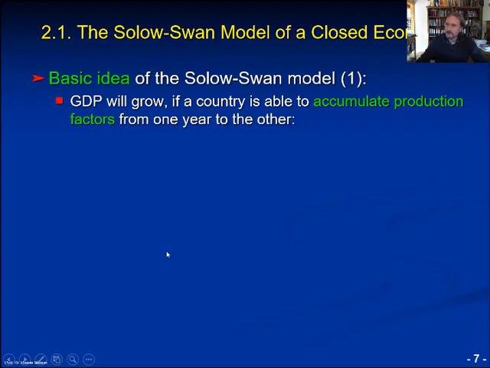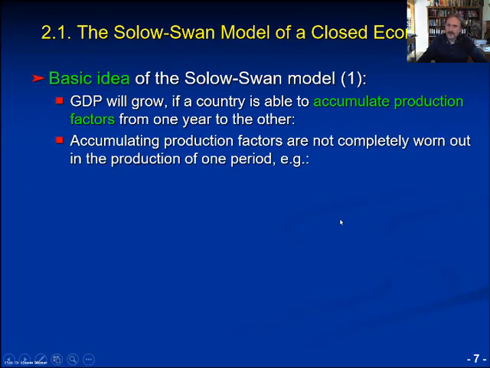The basic idea of the Solow-Swan model is that GDP will grow if a country is able to accumulate production factors from one year to the other. Accumulating production factors are not completely used up in the production process of one period.